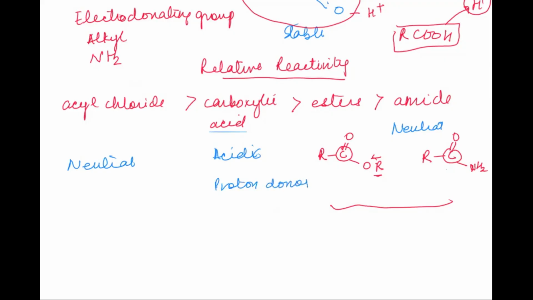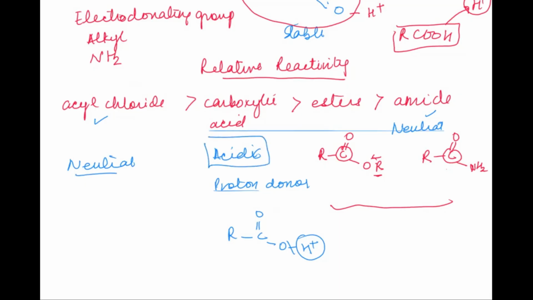Whatever substances are proton donors are said to be acidic, and carboxylic acids have the OH there, so they donate the H positive ion. There are no such protons in the case of acyl chloride or amide, so they are said to be neutral in nature, whereas carboxylic acid is acidic in nature. Till here it's clear?